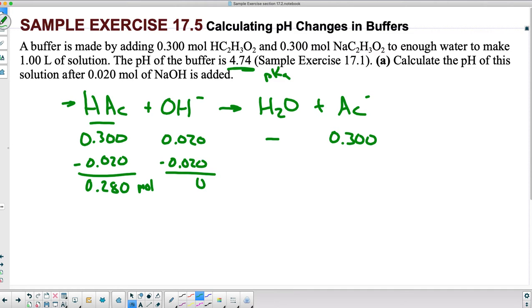And over here, I'm adding this amount to get that amount of moles of acetate because some of the acetic acid has moved over to acetate. Good. Once we know what the moles are, just by doing that, then we can start to plug into our Henderson-Hasselbalch equation. So right here I've done the stoichiometric part first by subtracting the moles I need and adding moles on the right-hand side.